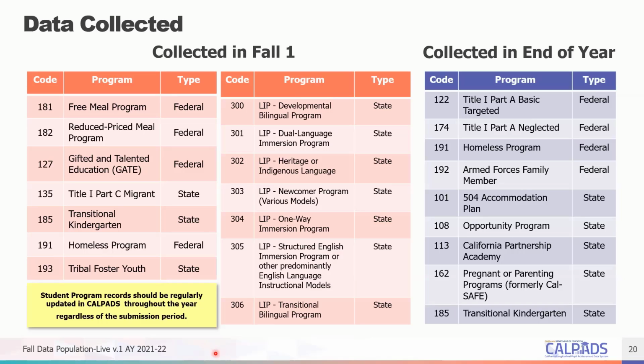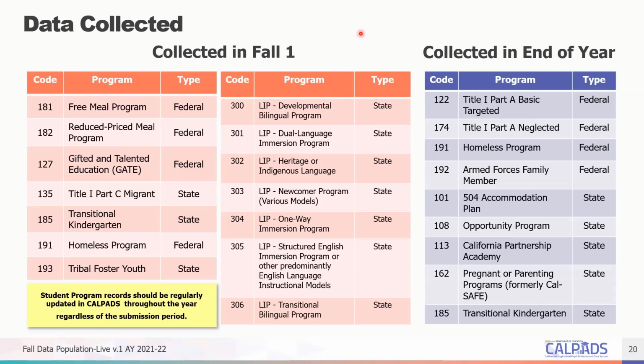And since we're doing online maintenance, we have to create an SPRG record for our students, right? And so we've determined that we have students who might be TK or might be tribal foster youth or homeless or any of this. So we'll just add one of those here.